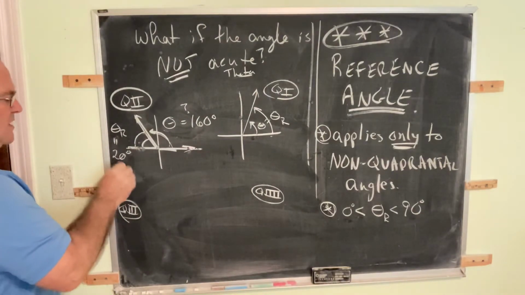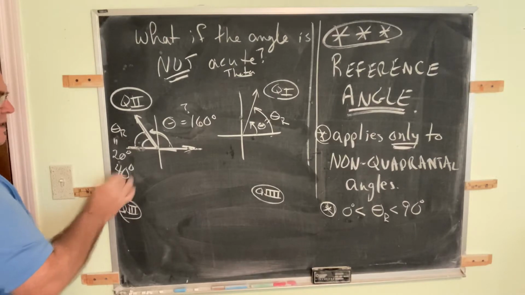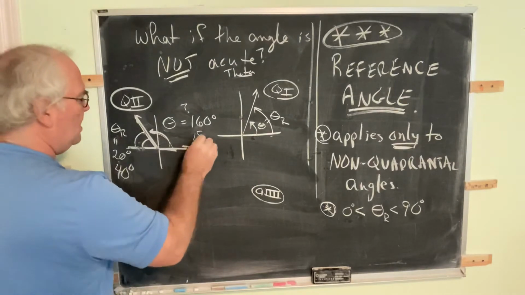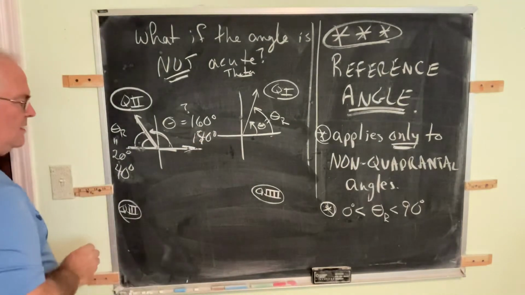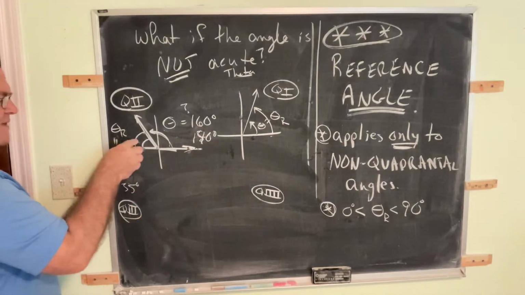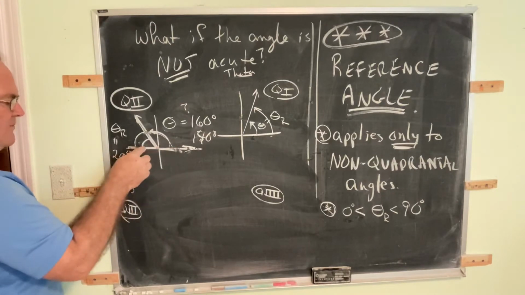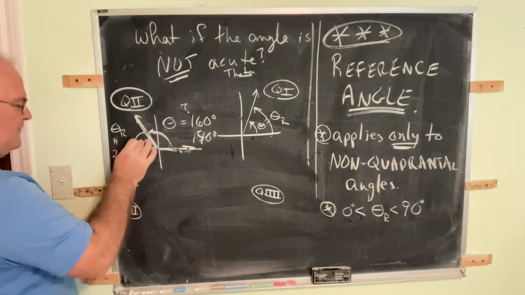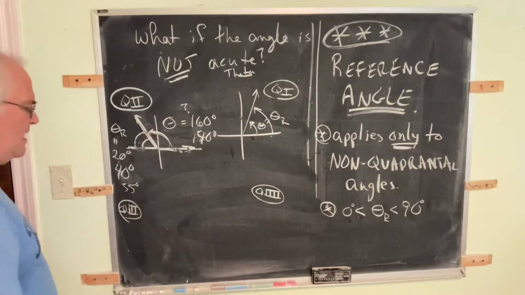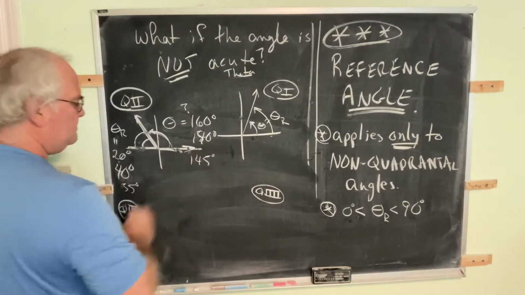If theta reference is 40 degrees, then theta's got to be 140 degrees. If theta reference is 35 degrees, theta must be 180 minus 35, which is 145 degrees.